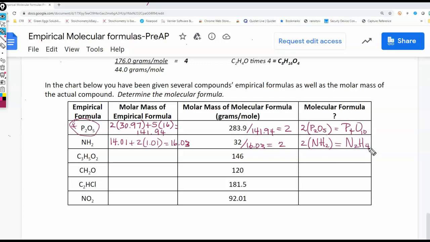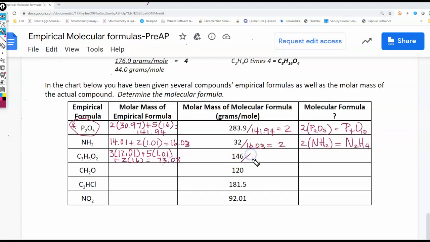I'm going to go ahead and continue that same thing for the next one. I've got 3 times 12.01 plus 5 times 1.01 plus 2 times 16. And so when I do my math, I am going to come out with 73.08.